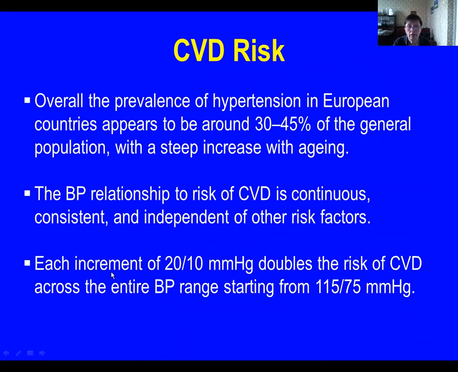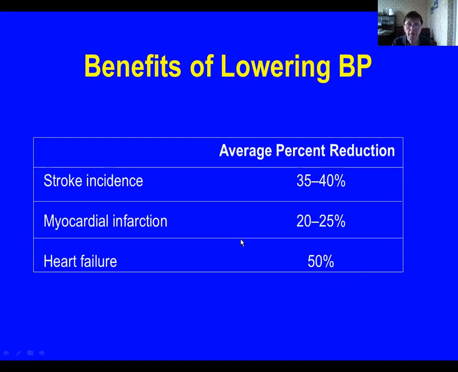And you see that each increment of only 20 millimeters of mercury doubles the risk of cardiovascular diseases at each level. What are the benefits of lowering blood pressure? If we lower blood pressure, we lower the incidence of stroke, myocardial infarction, and heart failure.